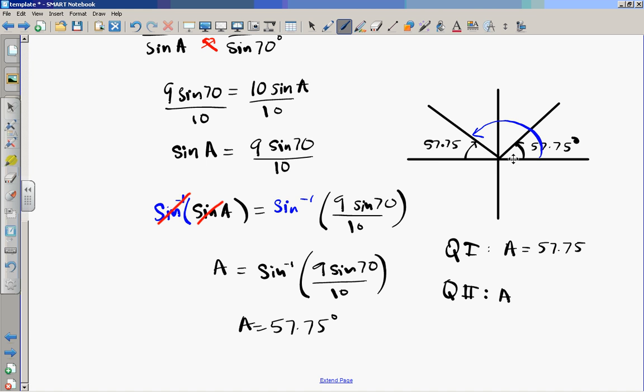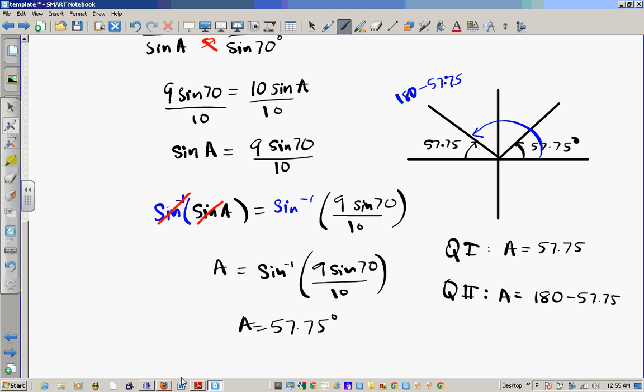Since the angle on a straight line is 180 degrees, to get the actual theta that we need, we're just going to go 180 degrees minus 57.75. So in quadrant 2, angle A is going to be 180 minus 57.75.